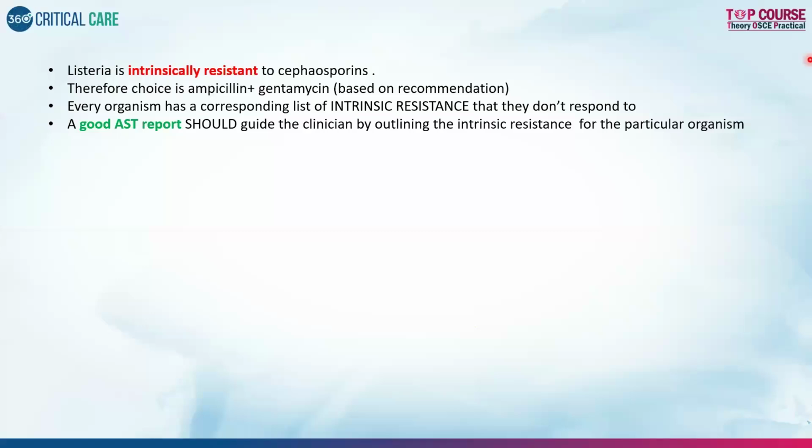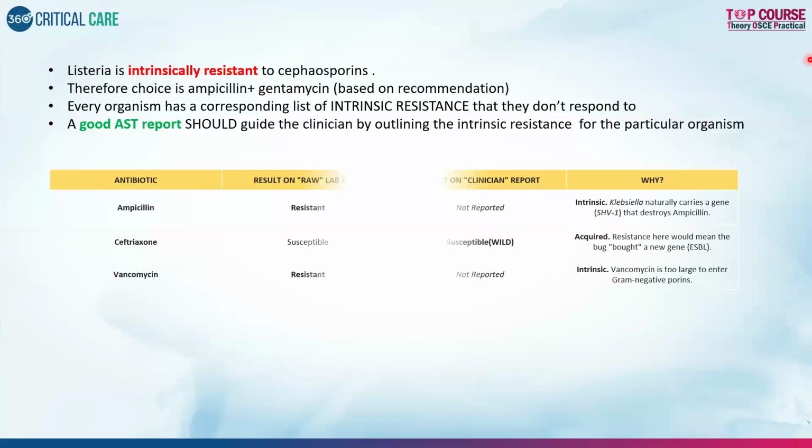At the bottom it will mention that the organism is probably intrinsically resistant to cephalosporins, so you might have to consider this. By and large it would not be mentioned, so whenever you have this, better to go check. That is one of the reasons, like you told, the drug of choice is ampicillin, because it is intrinsically resistant to third generation cephalosporins.